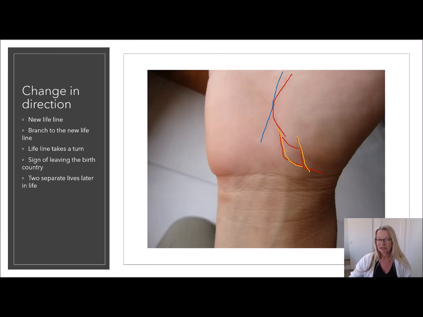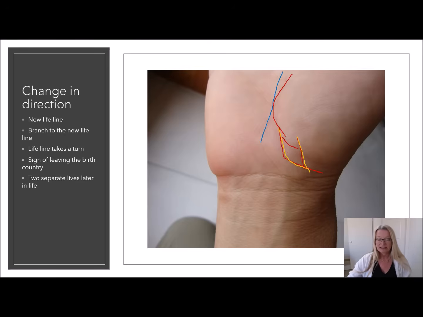It can represent the split family, it can represent leaving the birth country, and even though this is representing more of the later years, in some cases, after discussing it with the person, we discover that they have actually left their birth country, and it's almost like a symbol rather than any sort of prediction, just a symbol of leaving their birth country.